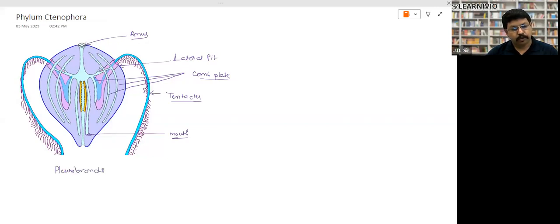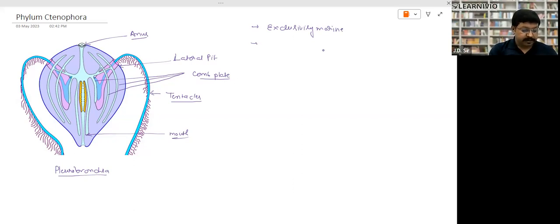Pleurobrachia is a representative of this phylum that is called Ctenophora, right? And the most important thing is that they are found only in salty water or marine water. They are exclusively marine, basically found in salt water.